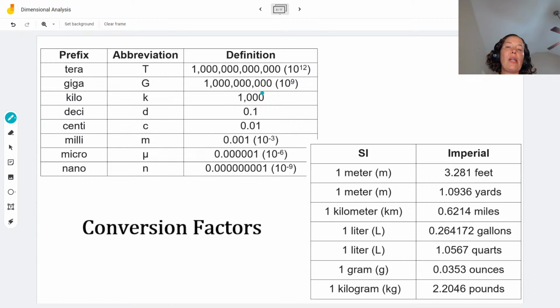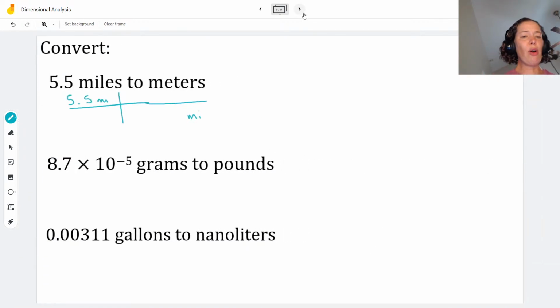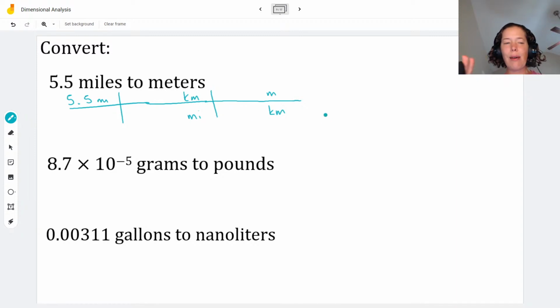Now, when you're doing these problems, especially if you're working in a group, you might find that somebody else is going to take a slightly different route, and that is totally fine. As long as you get to the same place in the end, it really doesn't matter. Okay, so I'm going from miles to kilometers first, and then for my second conversion, I'm going to go from kilometers to meters. So you can see how my units are going to cancel, but let's get numbers in.